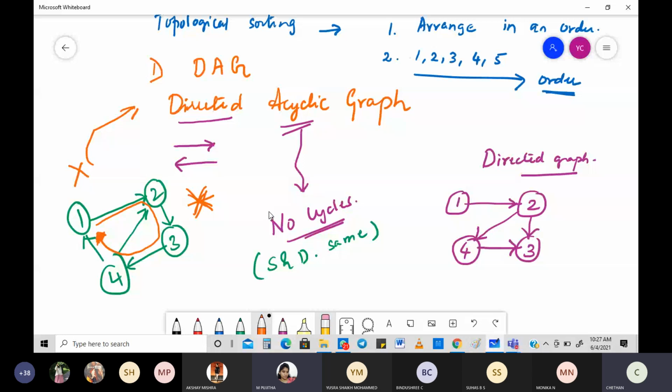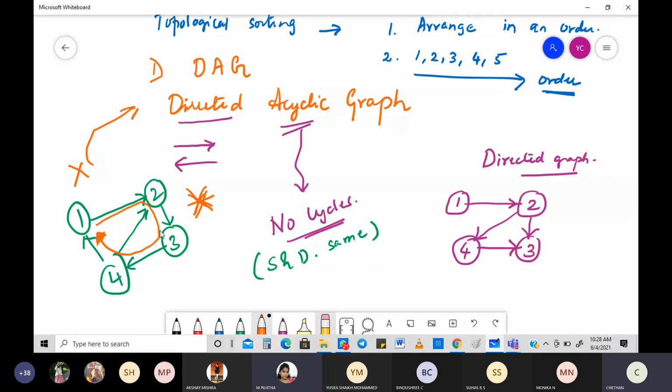I didn't get your question. Hello? Sir, your arrow mark is showing that 4 to 2, right, sir? Yeah, 4 to 2. Wait. You're talking about 2 to 3, 3 to 4, 4 to 2. Only that? Yes, sir. That is also a cycle.